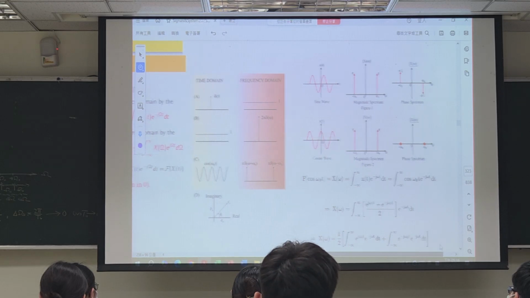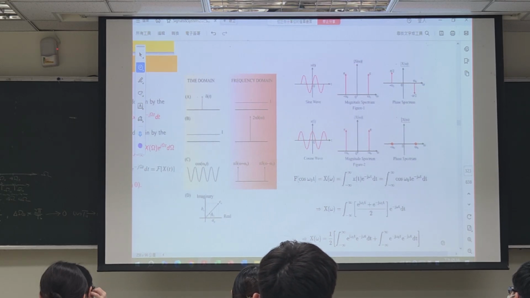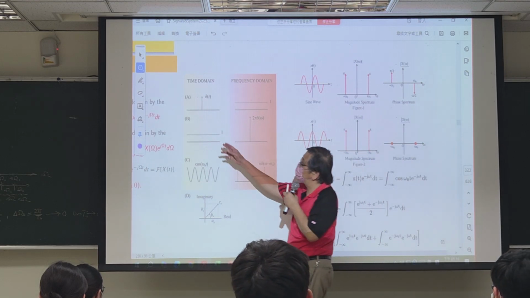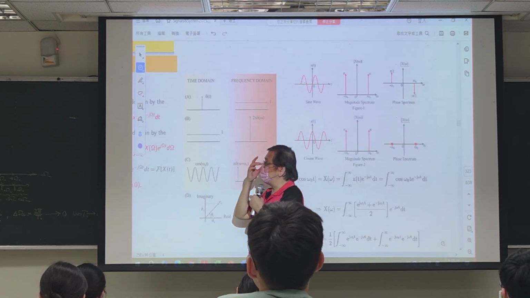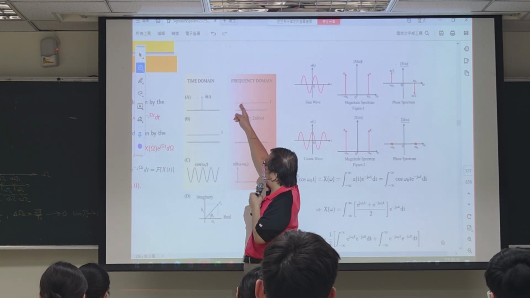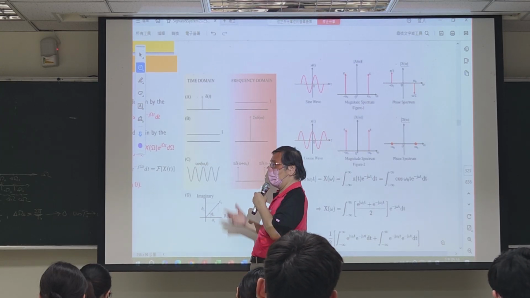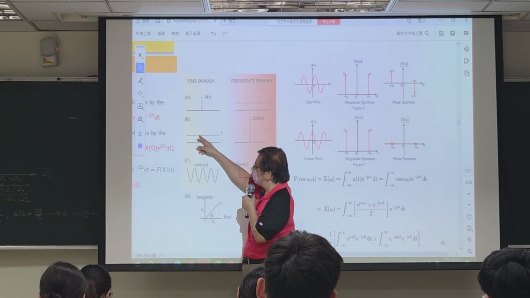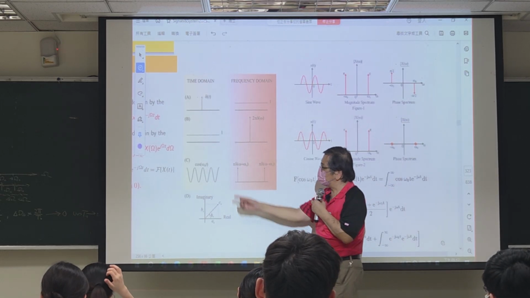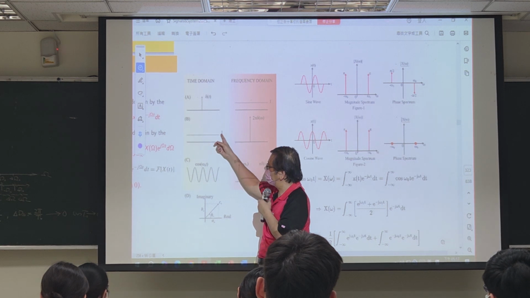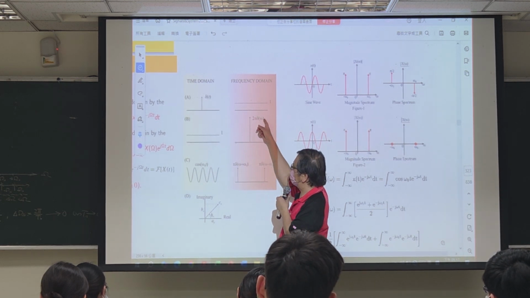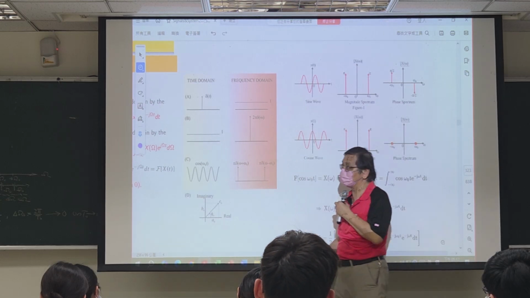Look at this figure here. Suppose I have an impulse function in the time domain. Then its Fourier transform is a constant 1. Alternatively, if the time function is 1, then the associated Fourier transform will be a delta function multiplied by 2 pi.